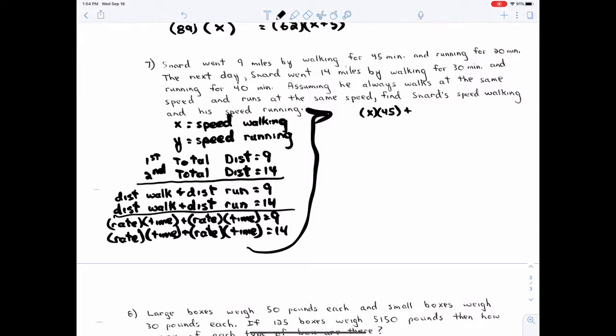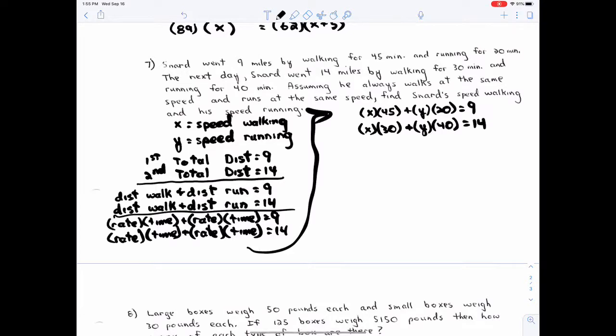Plus, for running, the rate is Y and the time is 20. Okay, for the second day, your rate's still X, but your time is 30 minutes. Running, your rate's Y, but your time is 40 minutes.